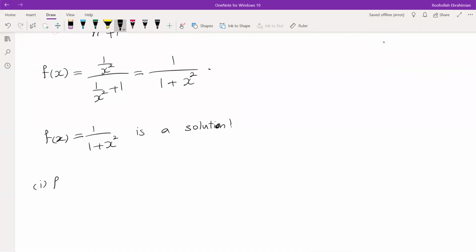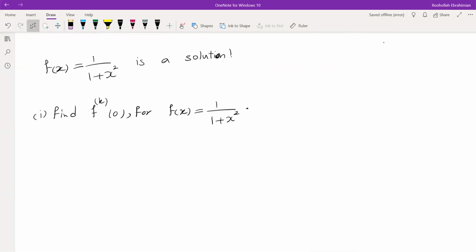So first, find f^(k)(0) for f of x equals 1 over 1 plus x squared. That might help because it could help us understand what we are trying to prove.